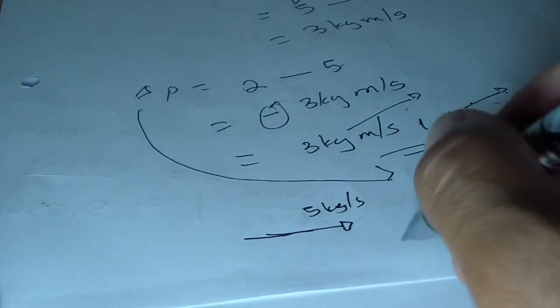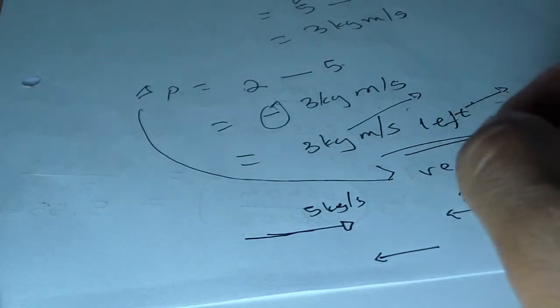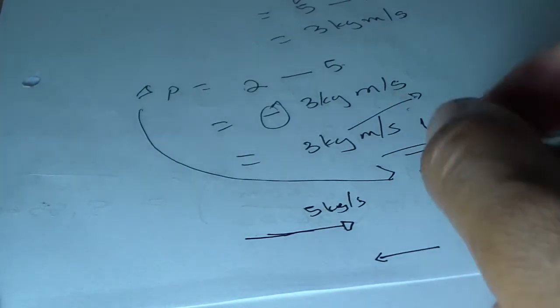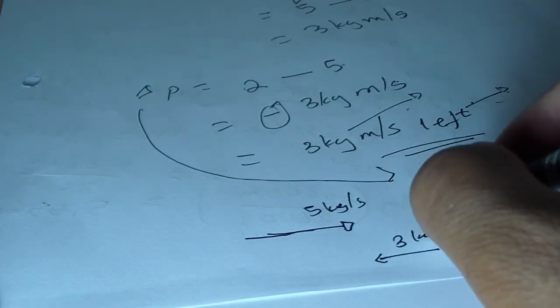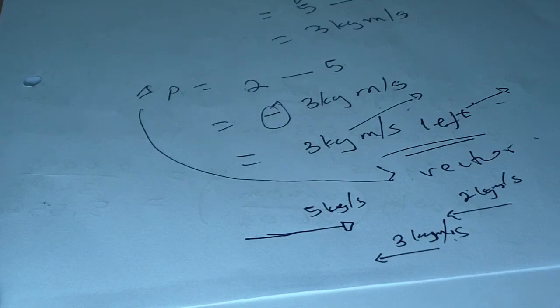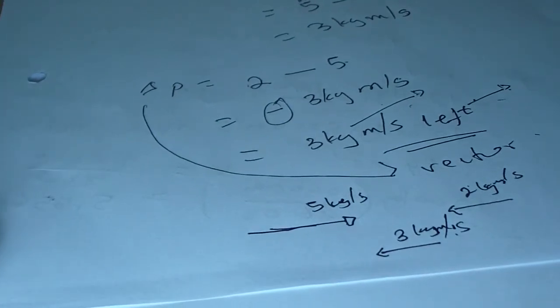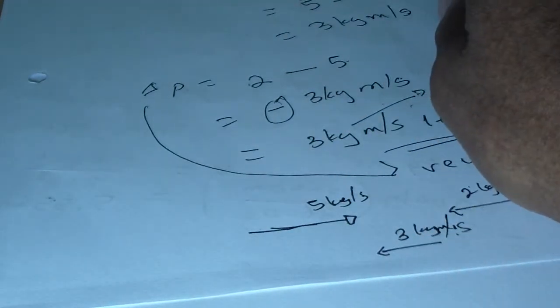So if I'm going to have a resultant of this, it's there, which is 3 kg meters per second. Okay, so this is the resultant. We are moving in this direction.